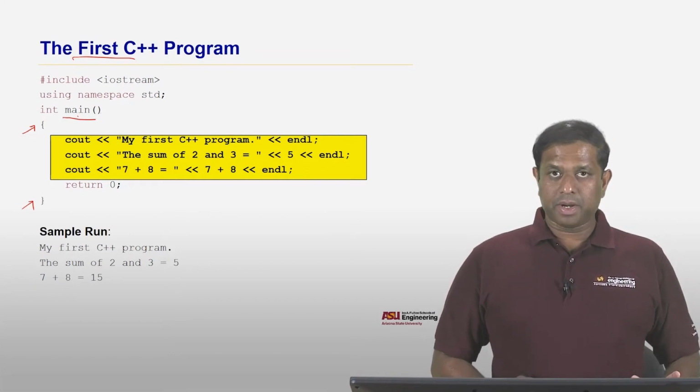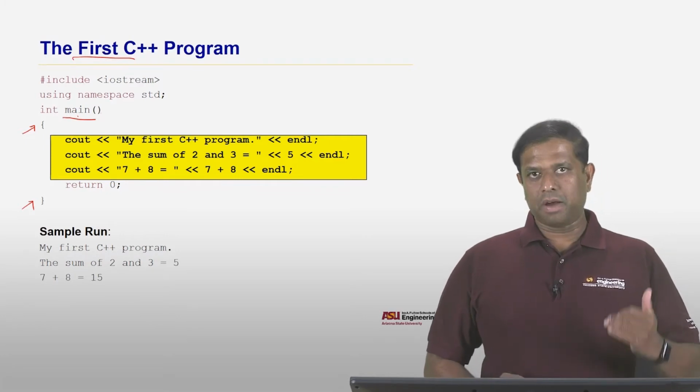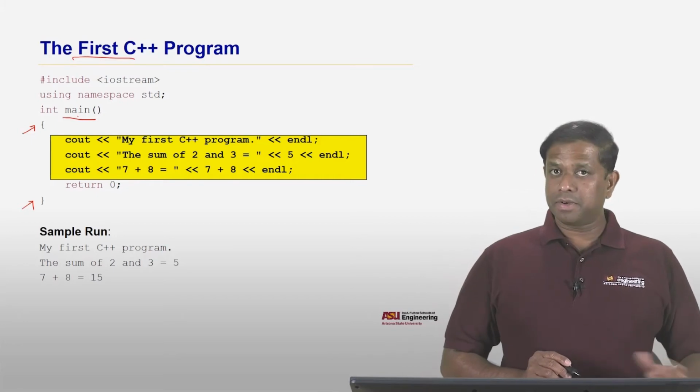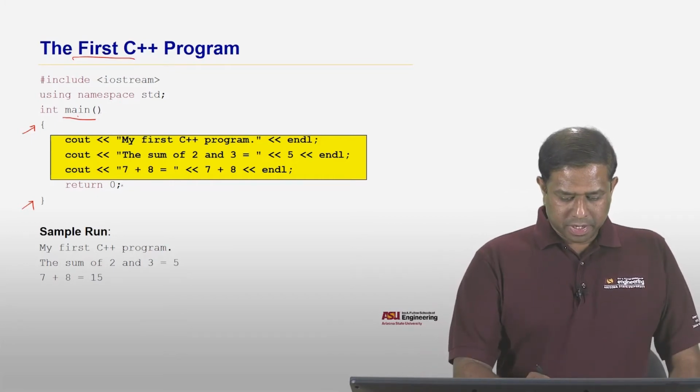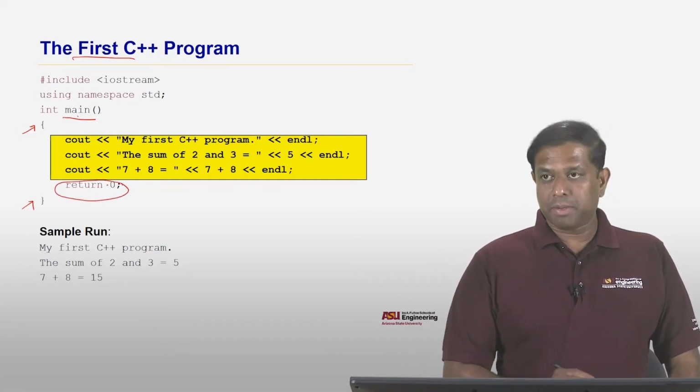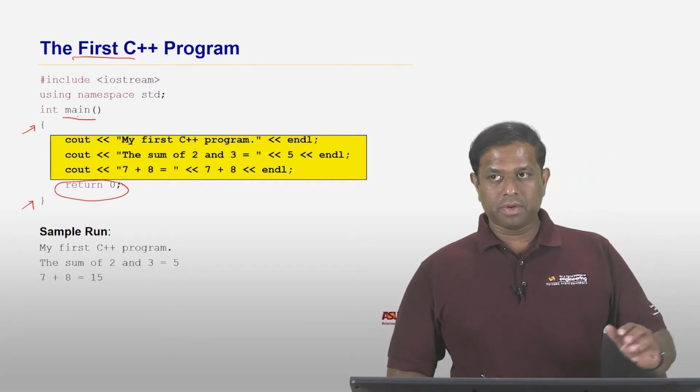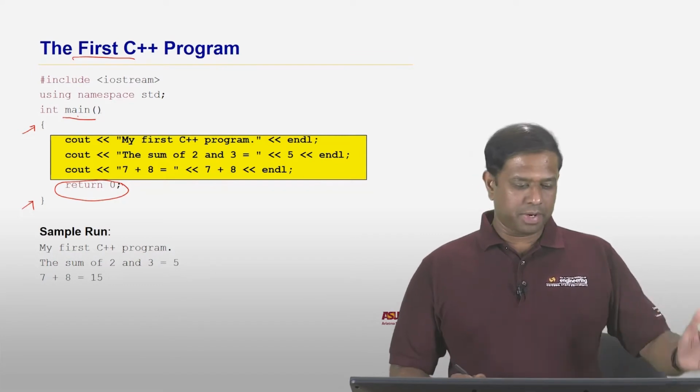Since we are telling the operating system to run my program, after running it we should tell the operating system that we are done. This return statement is telling the operating system that I have done executing the program, so you can give your memory to somebody else.